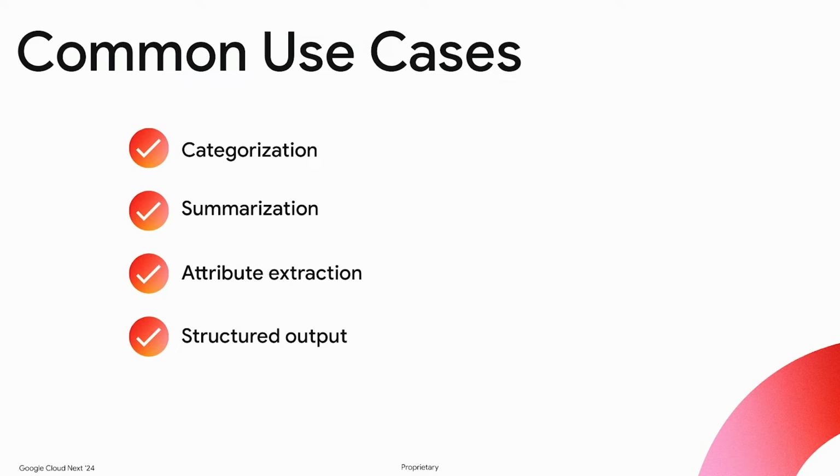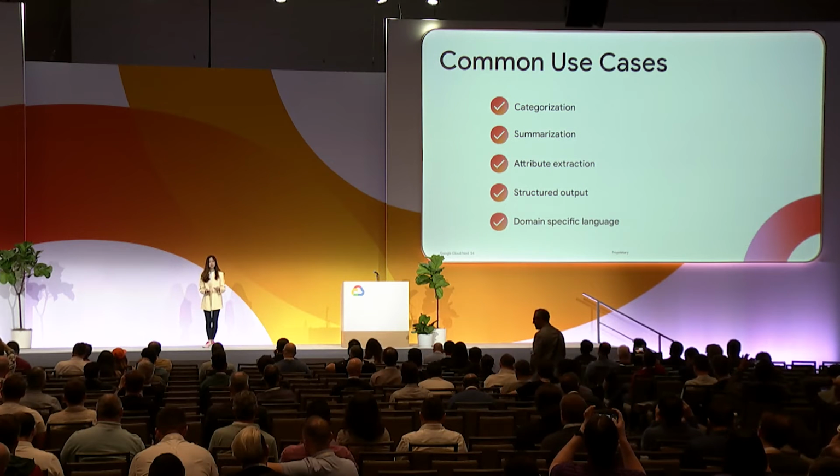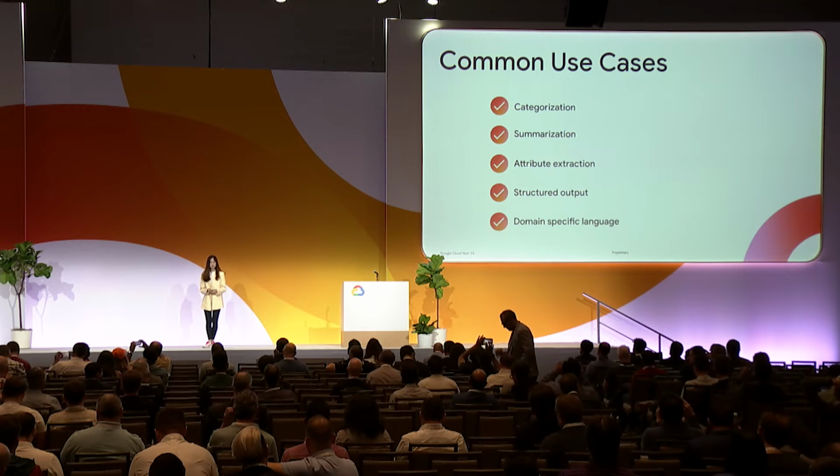So for example, an e-commerce company can use tuned Gemini to read the product description, extract important information, and output it into JSON line format, which can then be used to build your product catalog. And lastly, supervised fine-tuning is helpful to customize the model to specialize in your domain so that it can provide a unique user experience for your end user.